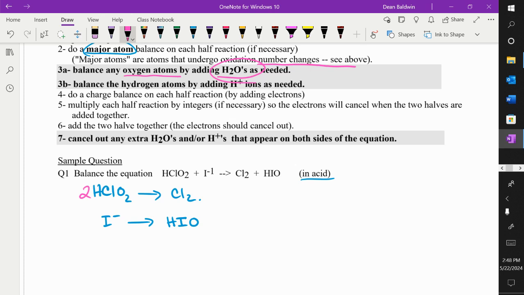So we look at this reaction. How many oxygens are on the left-hand side? How many in the top equation? Sorry. 4, right? There's 4 oxygens, right? I have to have 4 oxygens added onto the right-hand side. I use waters to do that, so that means I have to add 4 water molecules.